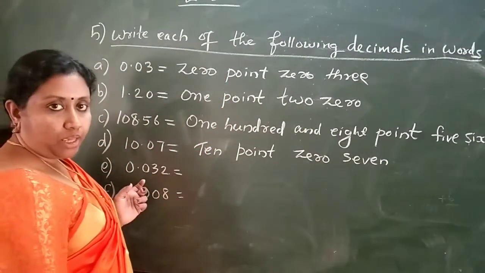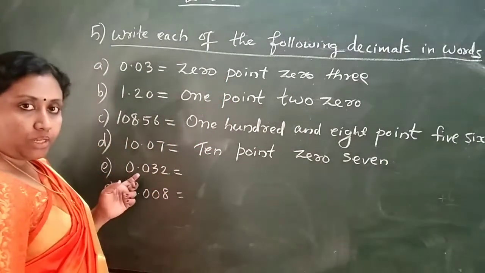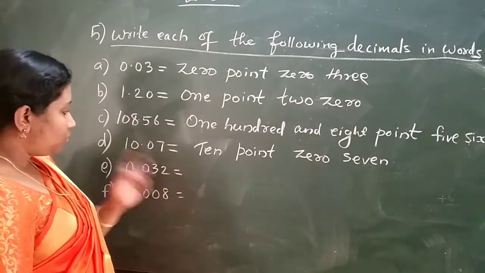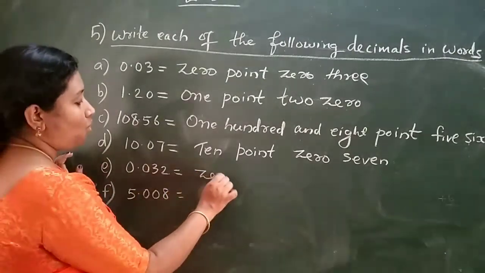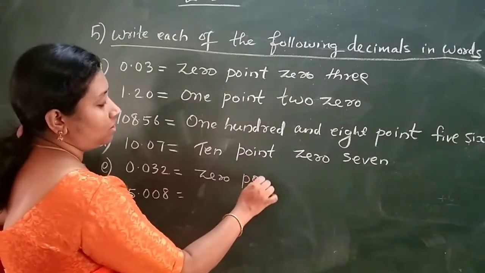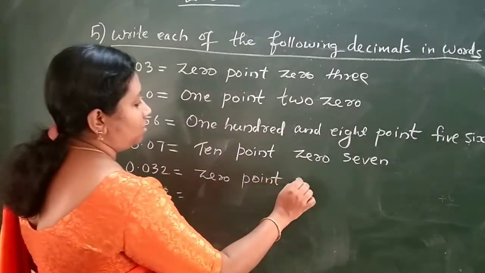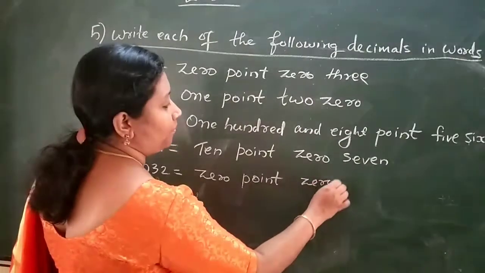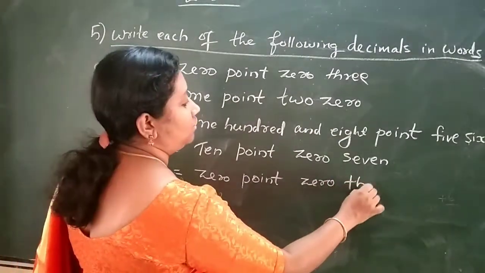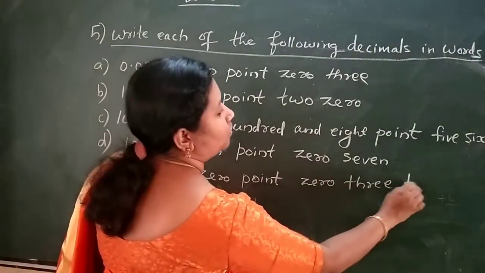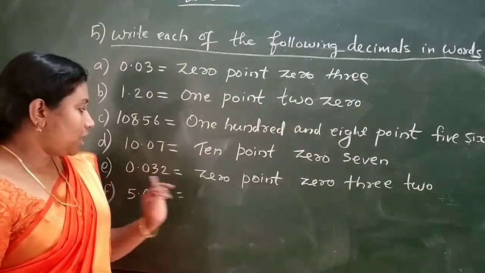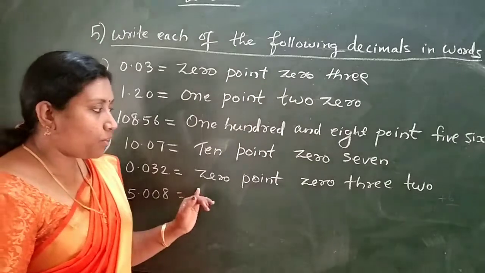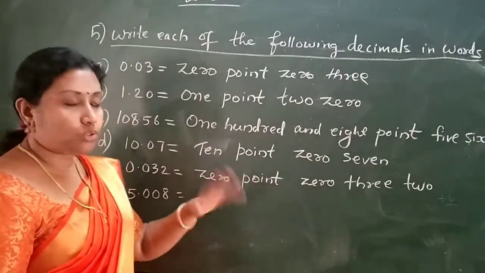Then question number E. 0.032. This is the number name of this decimal number, that is 0.032.